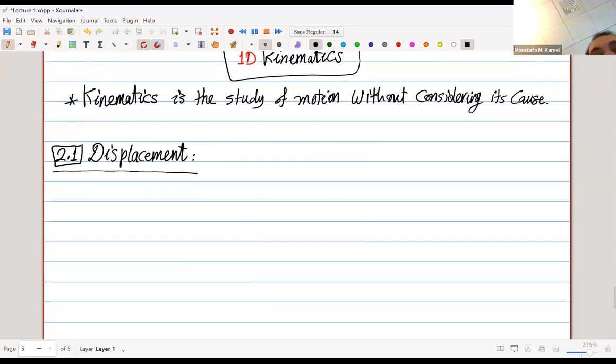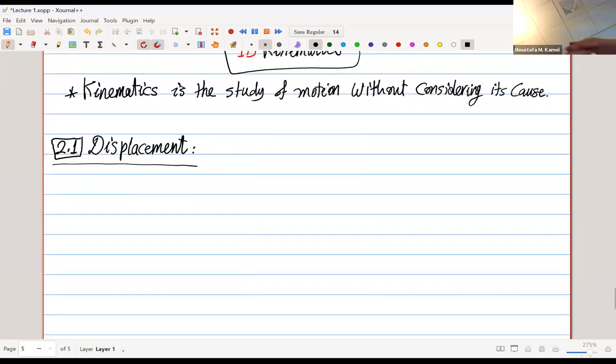Okay. Motion means the change of position over time, right? Everything around us is in motion. You will not see anything static. Even in an inanimate object like this table, you have atoms inside that move around and juggle around. So everything is in motion.